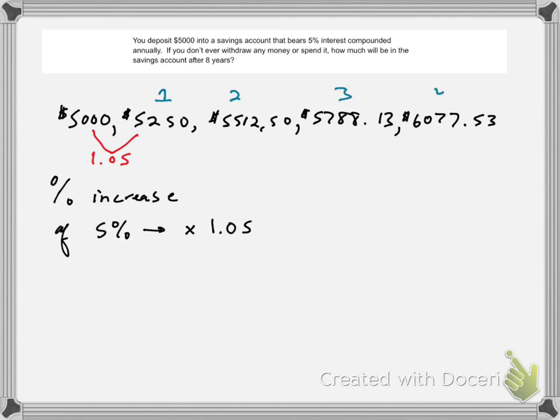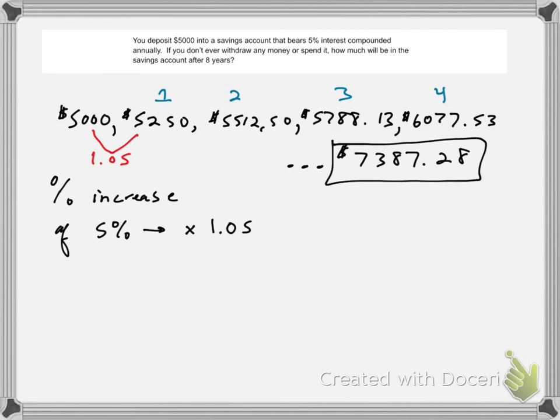This is after 4 years. Okay. And if I actually continue this on, just for sake of time, I'm just going to give you the answer. I would continue it on 4 more times. I would get $7,387.28. Okay. So that would be my final answer.